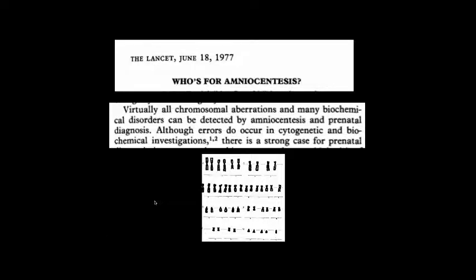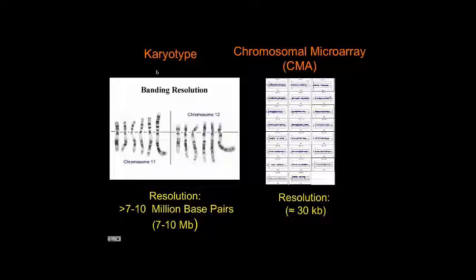Over the last 30 years, actually over the last 40 years, we certainly have learned that there is a lot more information that can be identified both by karyotype and most recently by molecular cytogenetic techniques such as chromosomal microarray. Most people would agree that for prenatal samples, the resolution that we get from standard karyotyping is between 7 and 10 million base pairs.